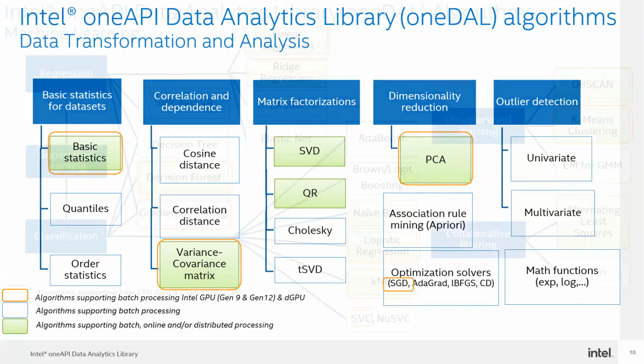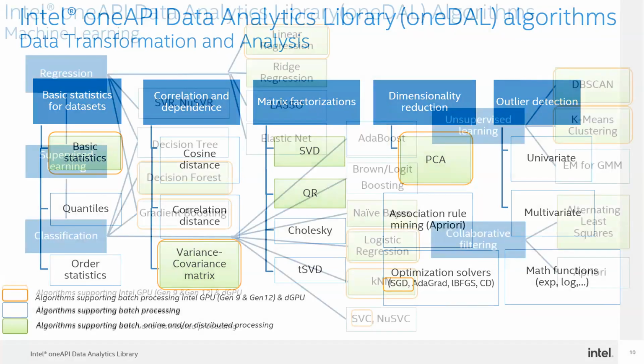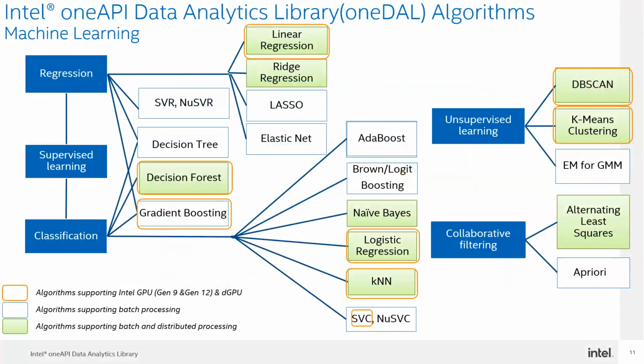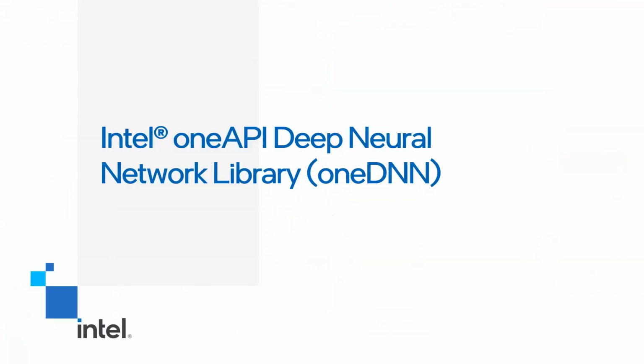You have the same for the machine learning algorithms. Again, all of them are working on batch, and some permit you to have distributed processing and or optimization for Intel GPUs, should they be integrated or discrete. So again, very, very quick presentation of this oneDAL.